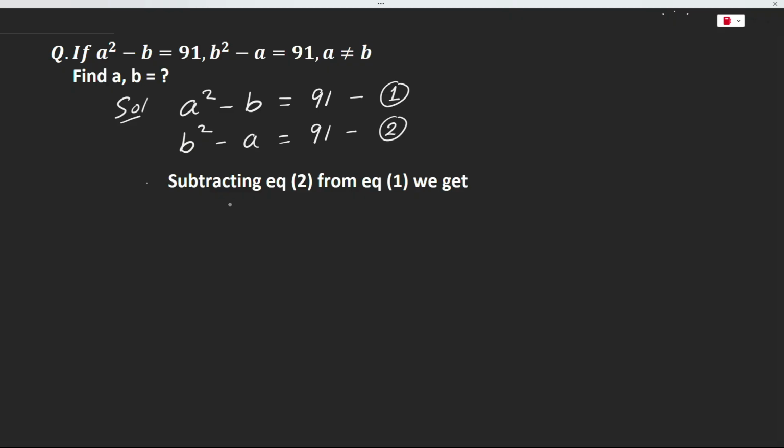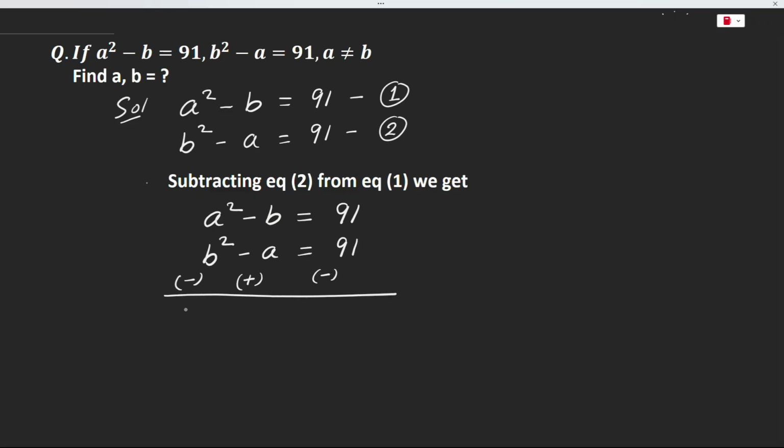Now on subtracting equation 2 from equation 1, we get: equation 1 is a square minus b equals 91. Equation 2 is b square minus a equals 91. Since we have to subtract, we will change the sign of equation 2. So b square will be now minus b square, minus a will be now plus a, and 91 will be minus 91.